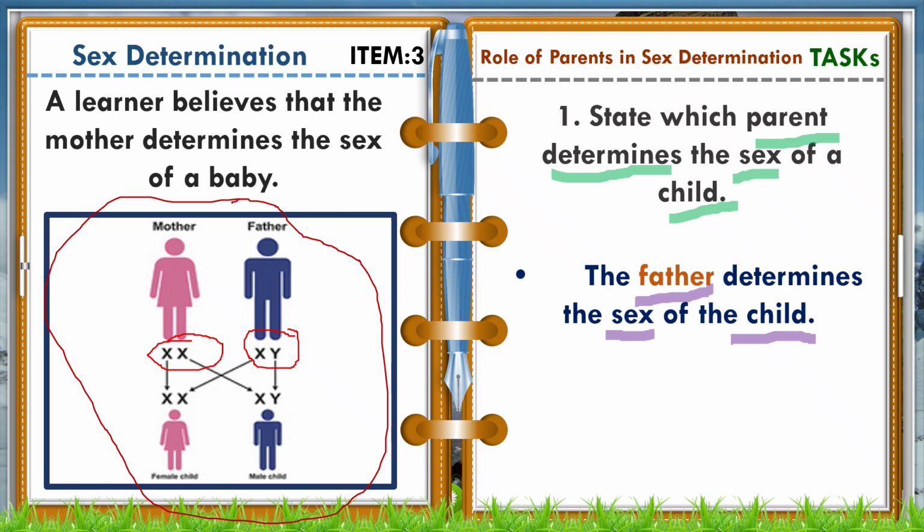So the mother provides X. But if the father provides X, then that child will be a girl child. If the father provides the Y chromosome, then the child will be a baby boy. So it is the father who determines the sex of the child.